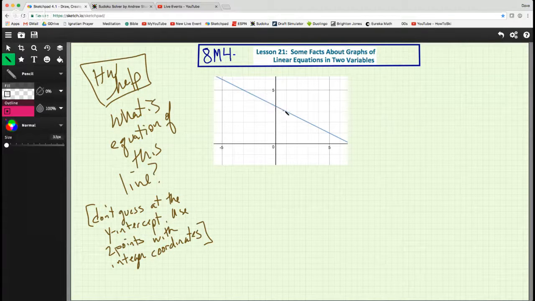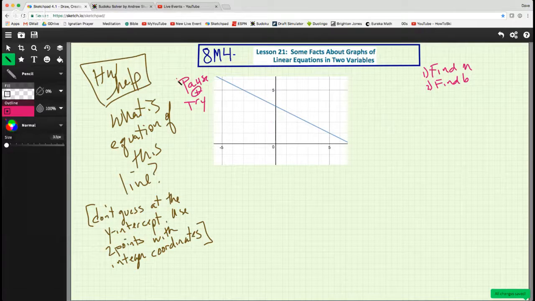Find 2 points and then do your calculation. Pause and try. Find 2 points, then find the slope, find m, and then find b.